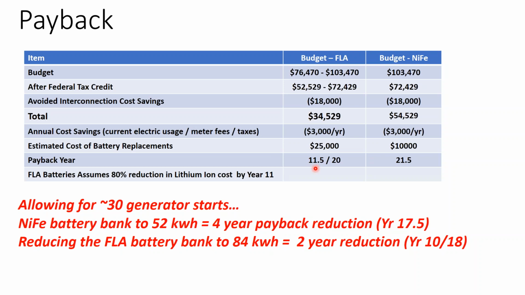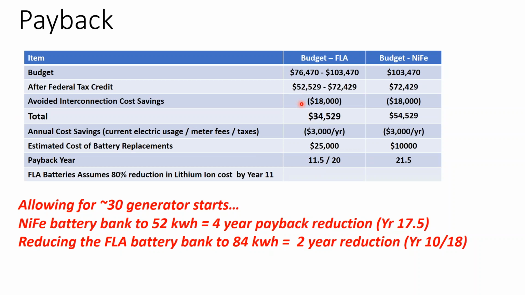This is for a self-installed system, so the labor isn't in there, but on a 20 kilowatt project, your labor budgets can be 20 cents a watt. So he's going to get a decent payback on this system, but that's only because he's saving $18,000 in avoided costs.